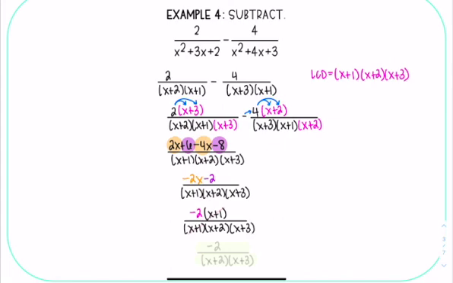But I have an x plus 1 on top and an x plus 1 on bottom, so those are going to cancel. And I am left with -2 over x plus 2 times x plus 3.